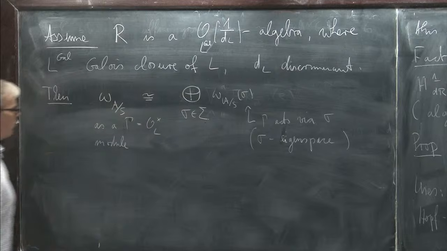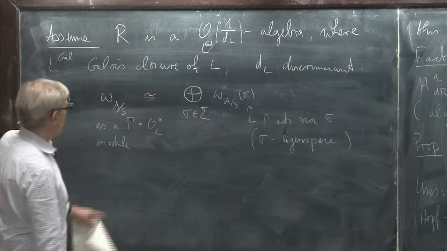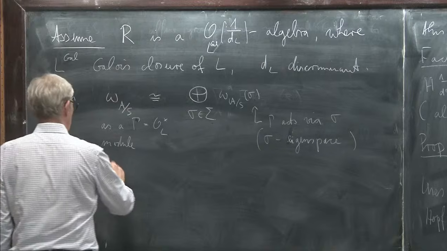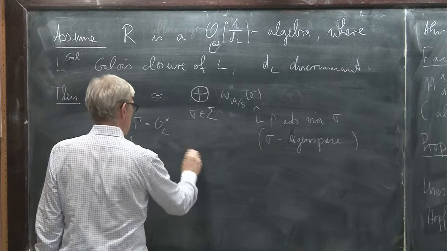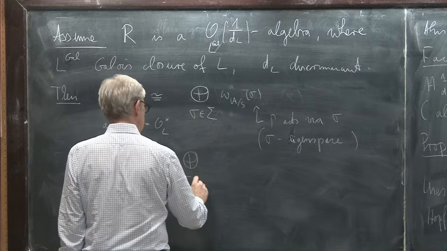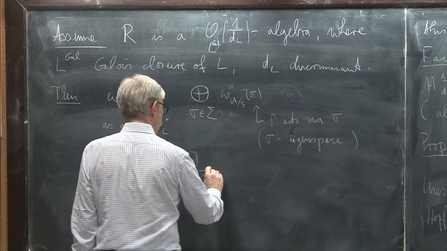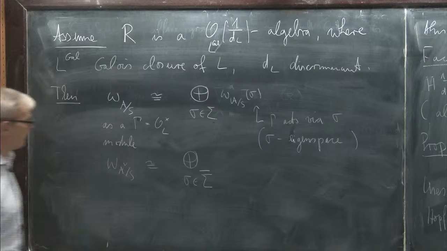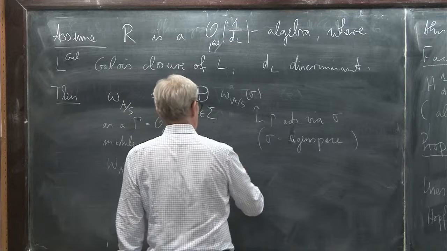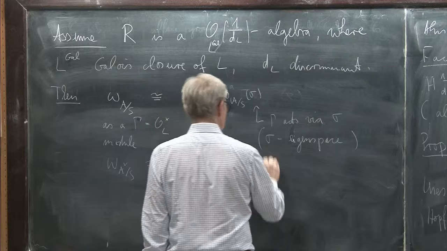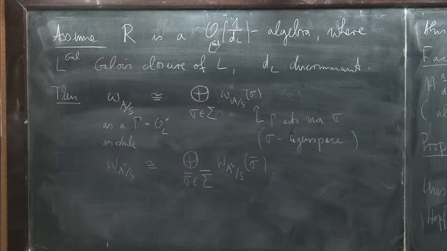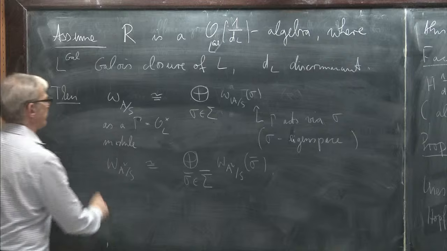Okay, so we can do that, and similarly for omega A dual S, and you get here that in fact only the sigma in the complex conjugates are involved. So you have here omega A dual S sigma bar.